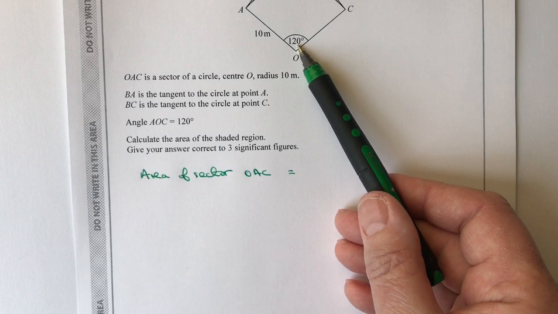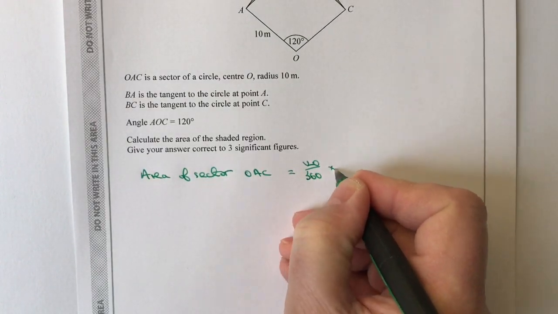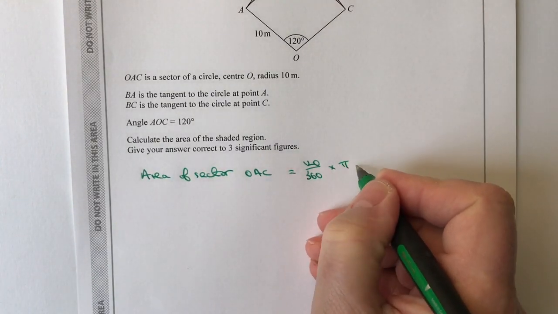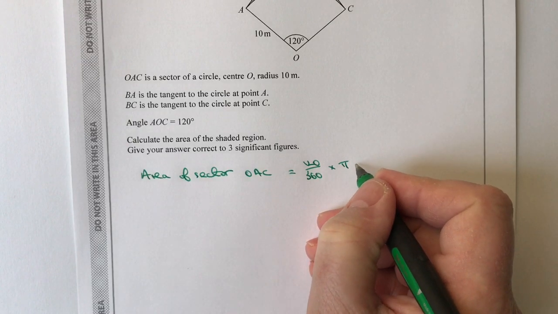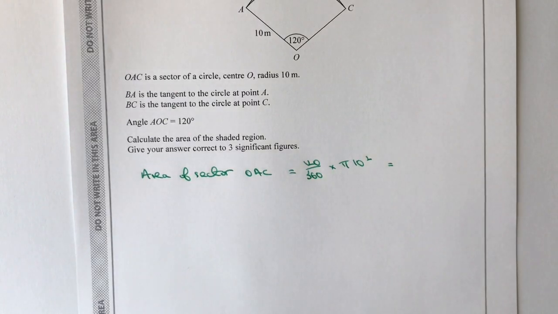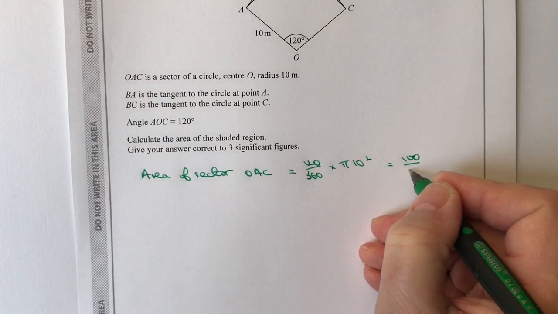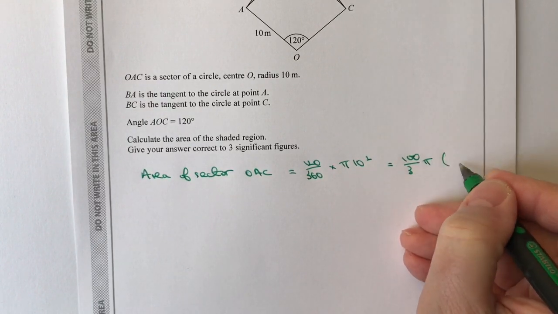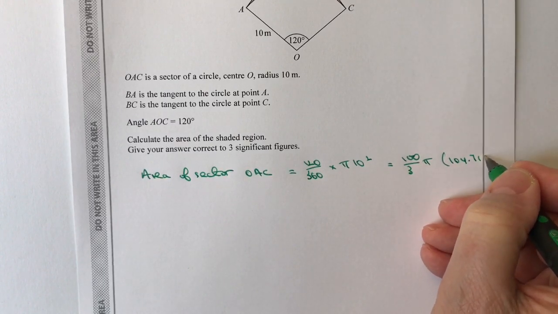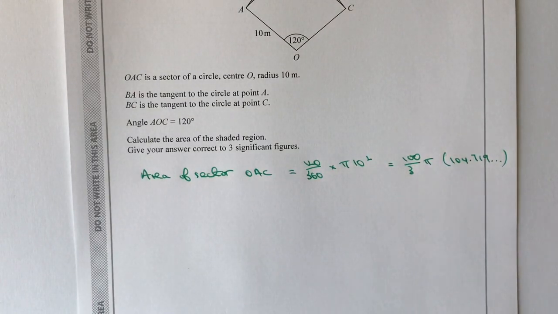We're looking at 120 out of 360 degrees multiplied by the area of a full circle, which is pi r squared, where r is 10 squared. So the area of sector OAC is 100 over 3 pi. If you want to pop that in a calculator and write it as 104.719 and so on, that's perfectly fine. I'm going to leave it as 100 over 3 pi.